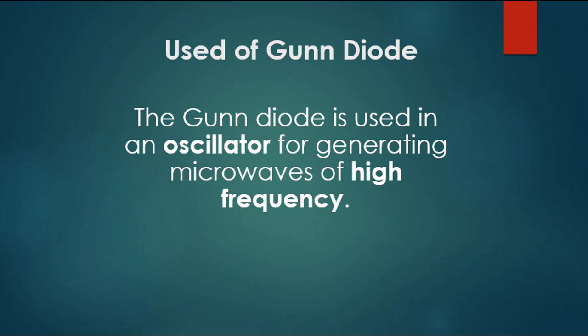I believe some of you watching this video will understand how to construct an oscillator and what an oscillator is all about. Those are the only functions I know about the Gunn diode for now.